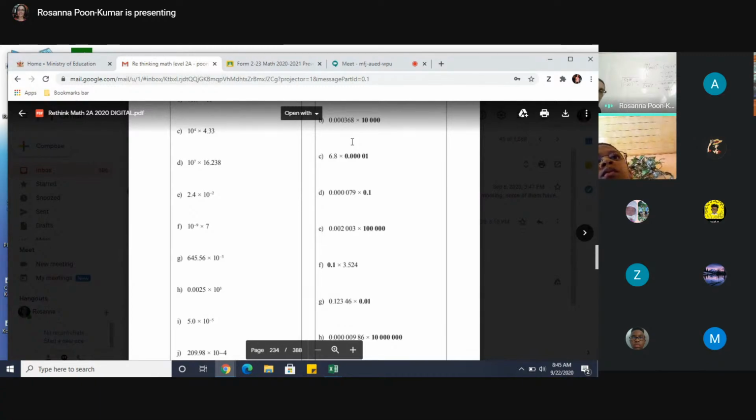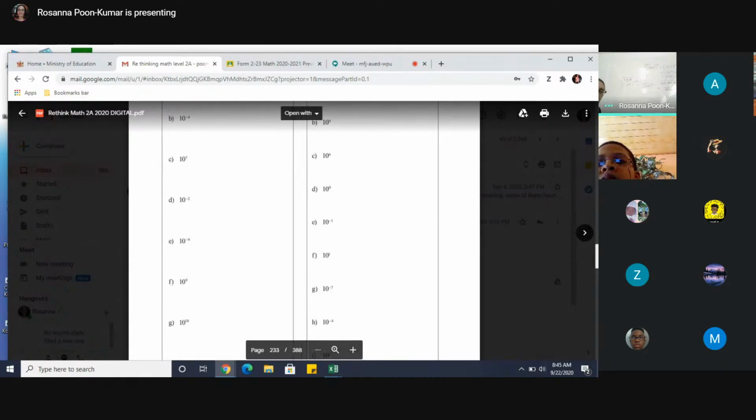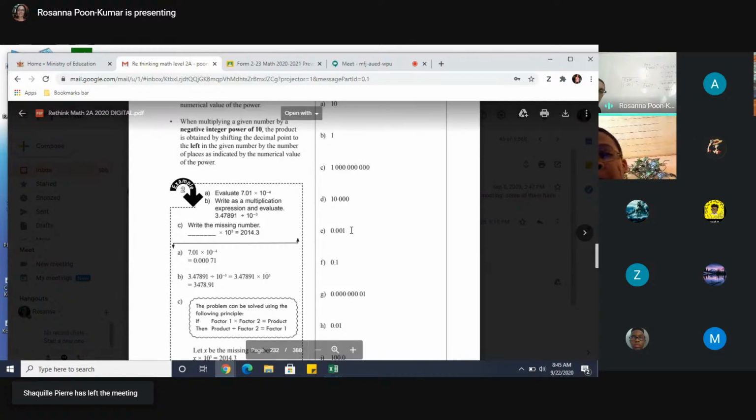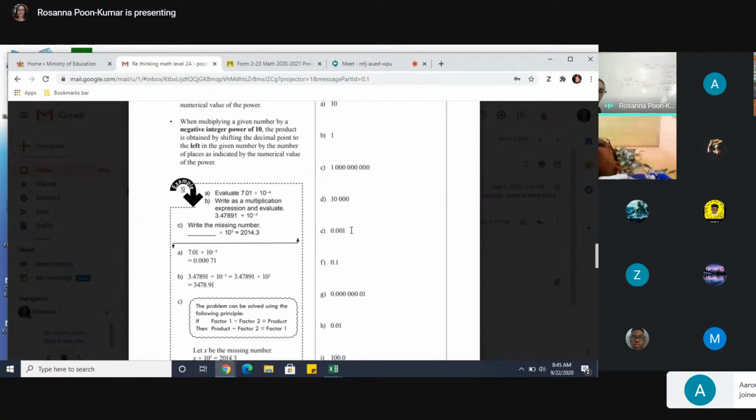Page 2. Believe it was 218, miss. Is this the page? Yes, miss, that's the page. Okay, so after Olton, Gaffney, you were doing E. 0.001. What is that, 10 to the power of what?